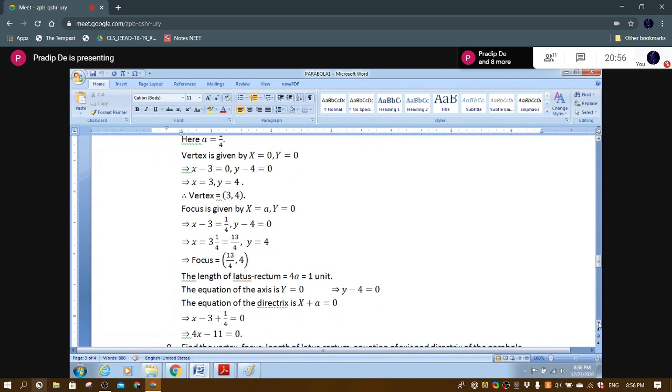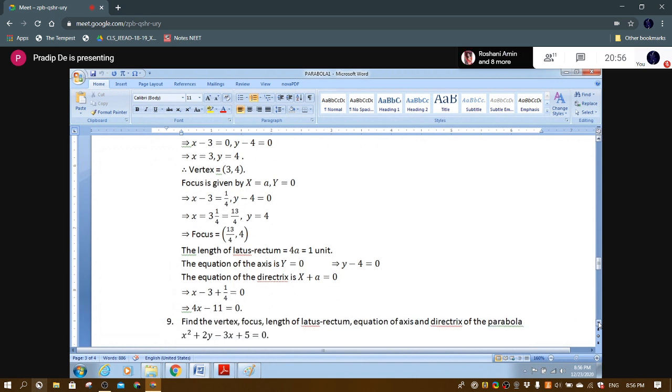So another similar application. I kept it for you to do it. Find the vertex, focus, length of LR, equation of axis, everything like this for this parabola. So which is the quadratic term here? X. We have x squared. That means we have to put it in the form (x minus h) whole squared is equal to plus or minus 4a into (y minus k).